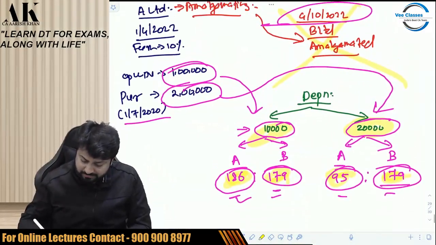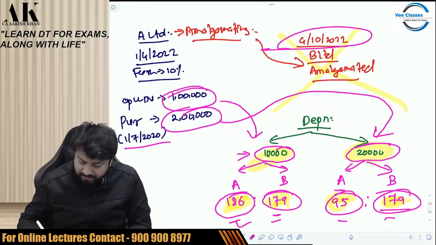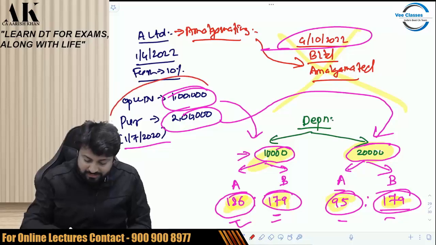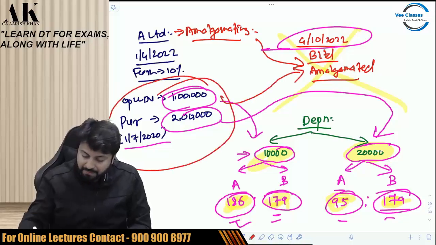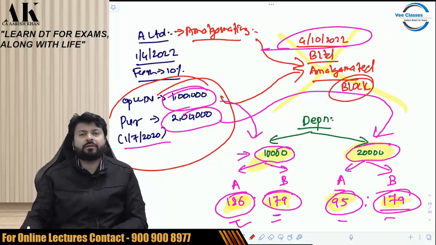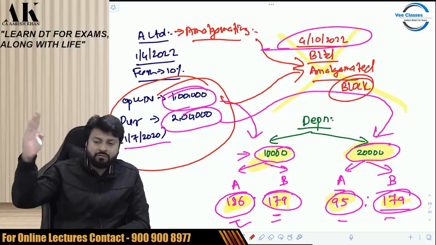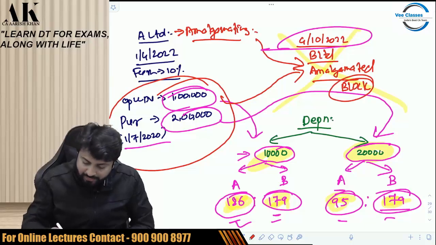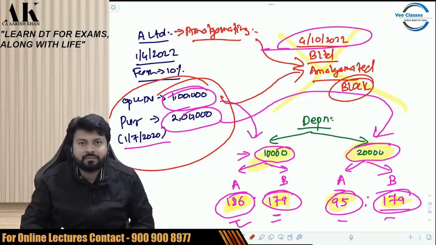These assets will now form part of B Limited's block, because these assets are getting transferred to B Limited. So at what value will they enter the block of B Limited?